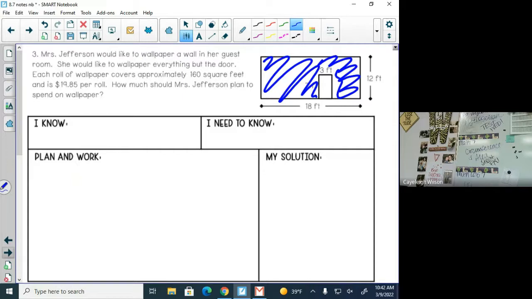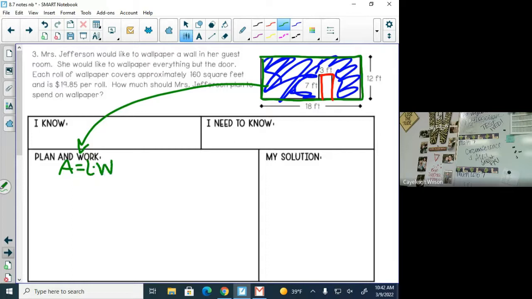So what am I going to have to do once I find my areas? Subtract. Okay? So I'm first going to find the area of the whole entire wall. Lucky for us, it's 2 rectangles again, which means that's the easiest area to find. So area of my whole wall is length times width.